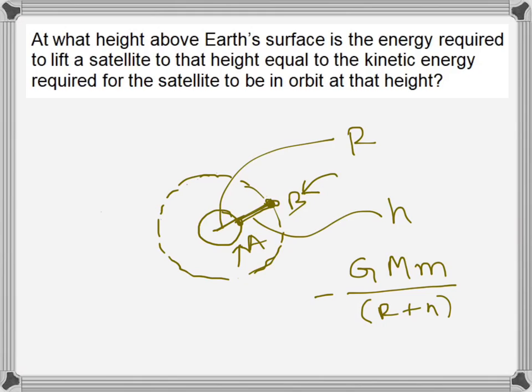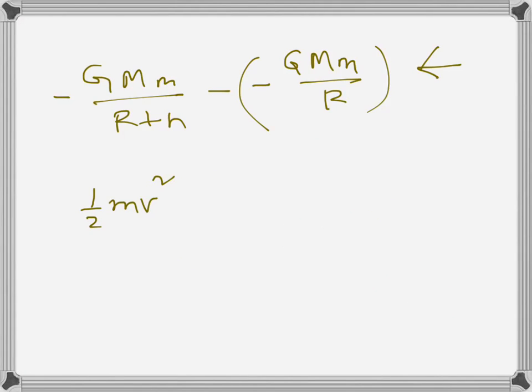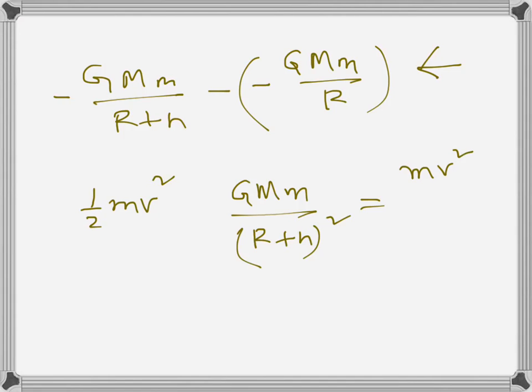So when it's orbiting, the gravitational force, GMm over R plus H squared, the total distance, will be equal to mv squared over R plus H. Usually we use lowercase r to denote the total distance from the center, but in this case I have written R plus H.